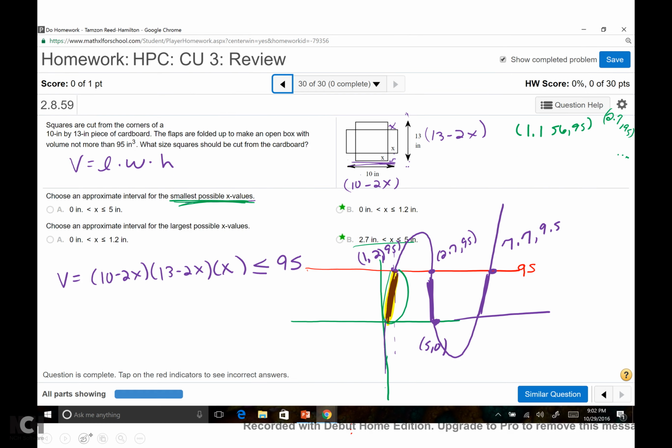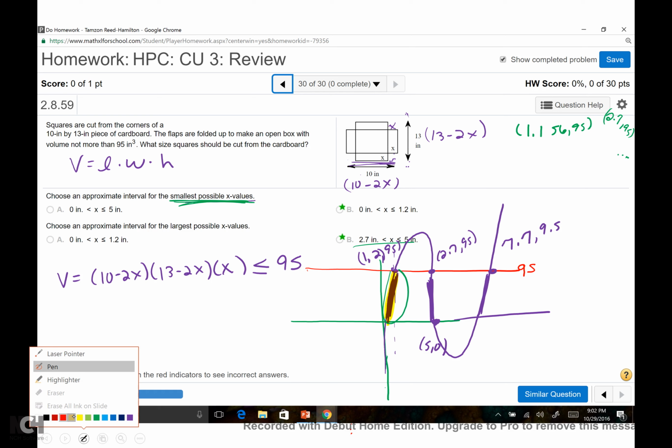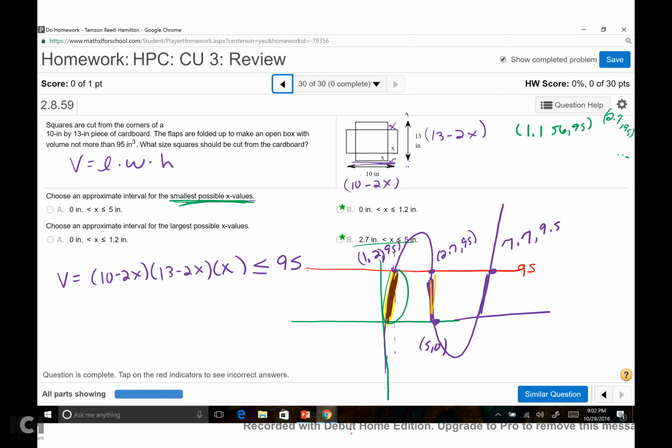All right, whereas over here, if I look right there, in between there, you're going above 95. But beyond that, until the 0, these are bigger x values that still give you a volume less than 95. So these are the largest x values. These are the smallest x values.